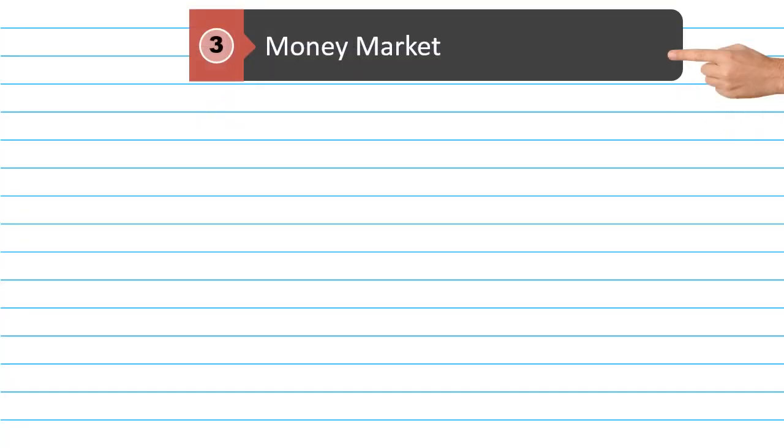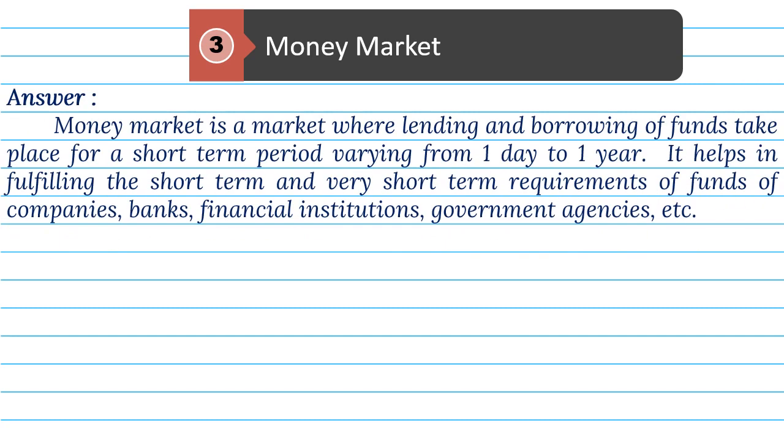3. Money market. Answer. Money market is a market where lending and borrowing of funds take place for a short-term period, varying from 1 day to 1 year.